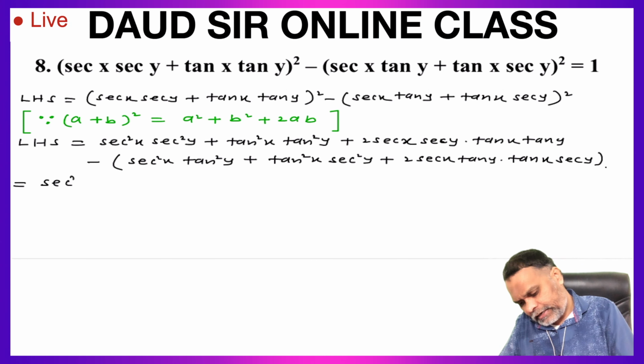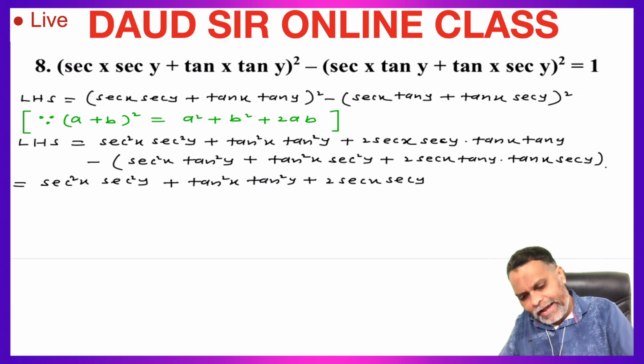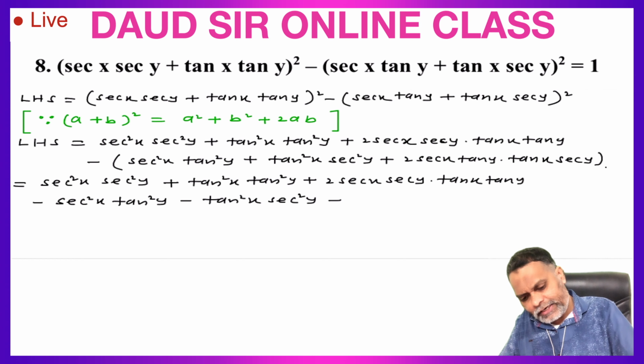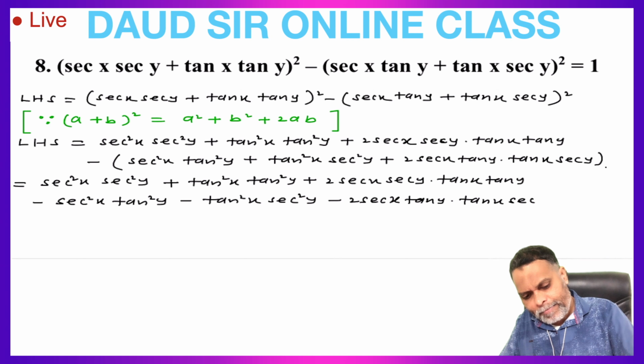So this is sec square x sec square y as it is, plus tan square x tan square y as it is, plus 2 sec x sec y as it is into tan x tan y, multiplying by the minus sign: minus sec square x tan square y, minus tan square x sec square y, minus 2 sec x tan y into tan x sec y.